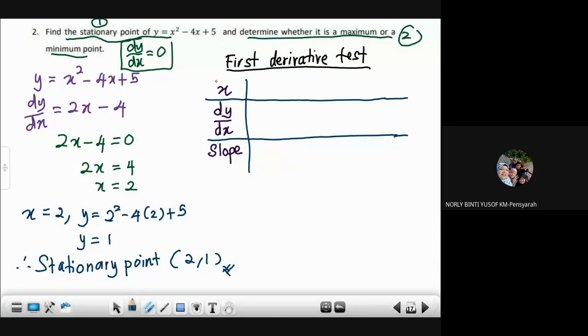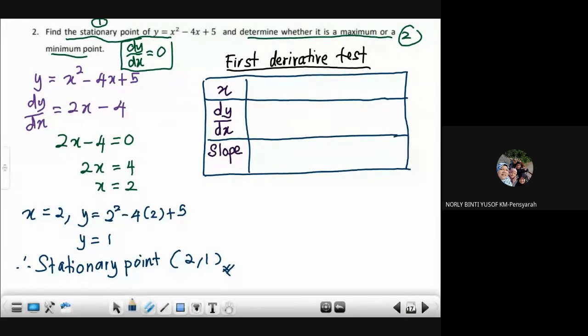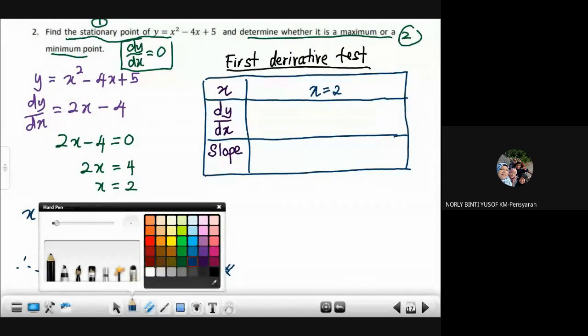Okay, lepas tu buat jadual macam ni. Okay. You ada 1 point. So, point you adalah x equals to 2. So, bila buat jadual, ada 1 point mesti ada kanan dan kiri. Kalau you ada 2 point, maksudnya you ada 6 section jadual. 1 point 3 je lah kan.